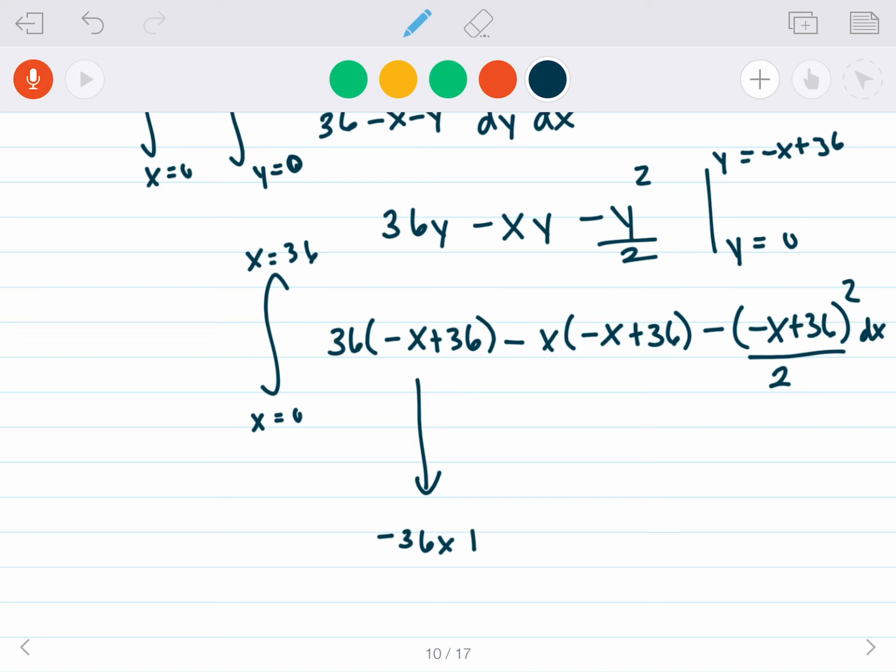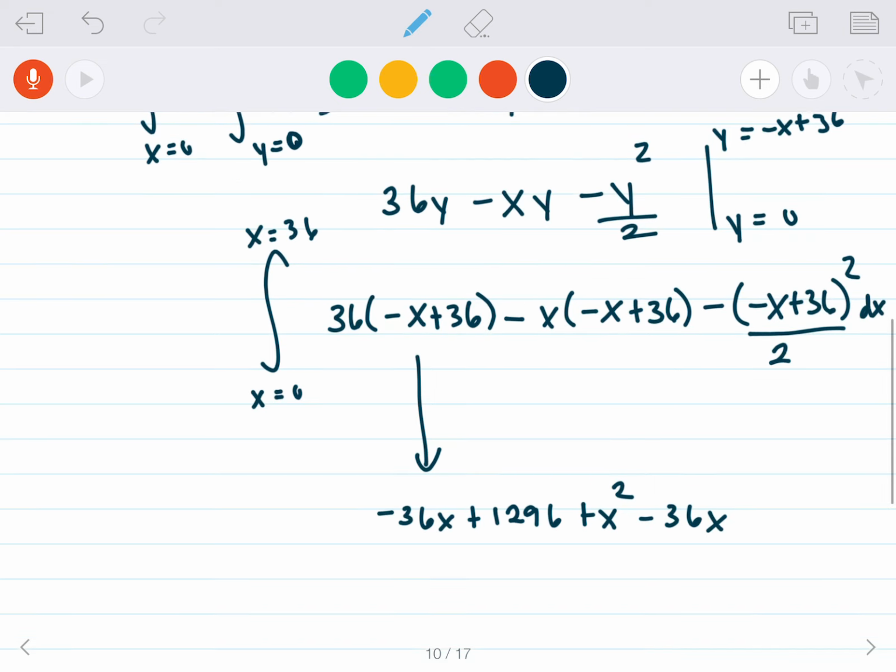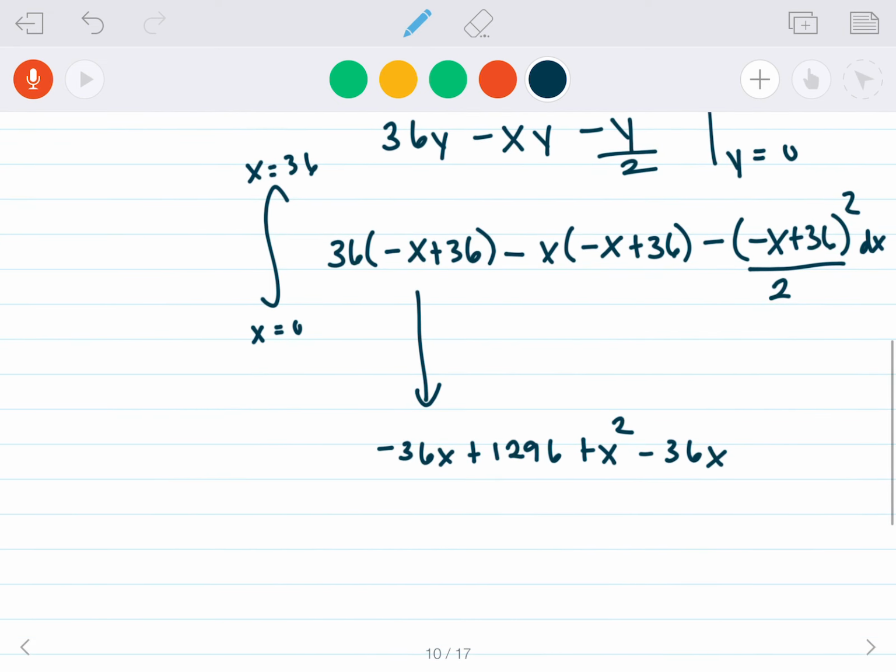Big number, 1296. Okay, then I'm distributing that thing. That's going to give us positive x squared minus 36x minus 1/2 times, let's just put a bracket there for now, but let's go ahead and FOIL this out.